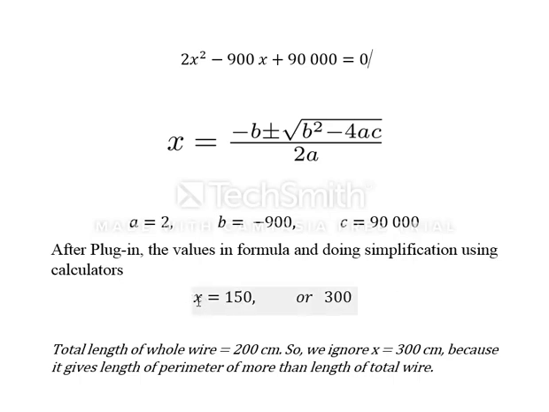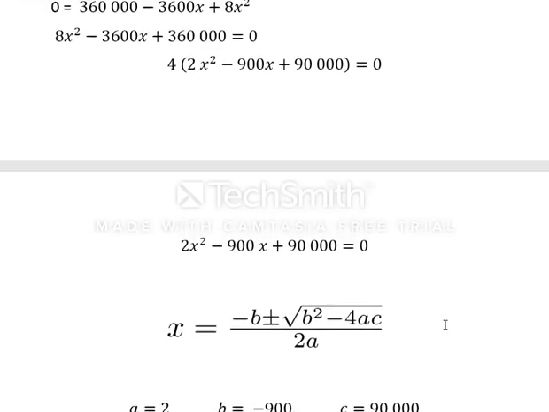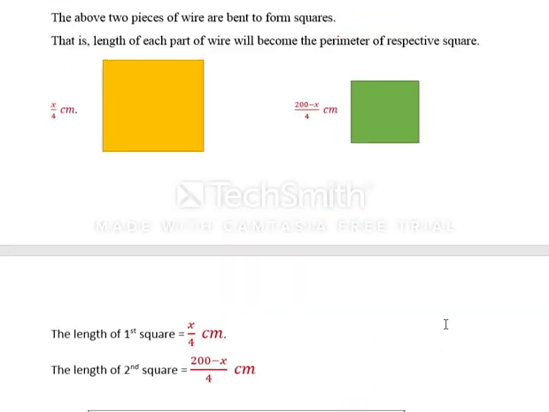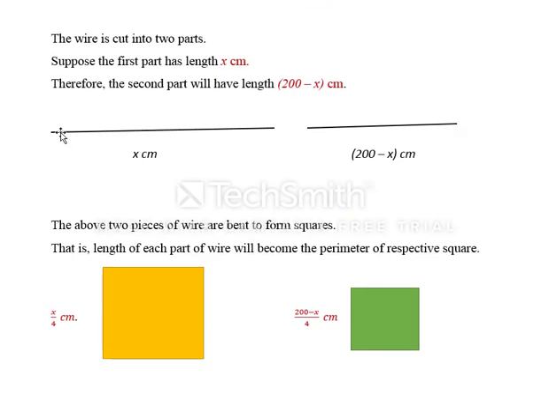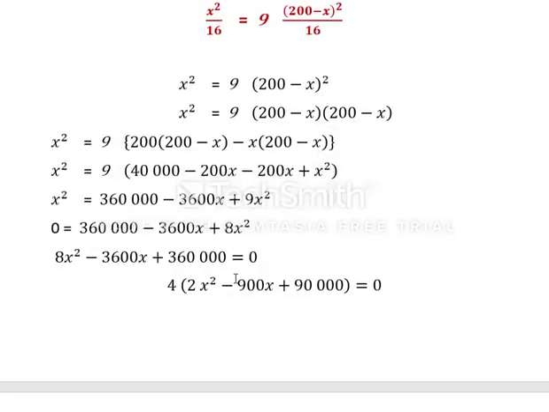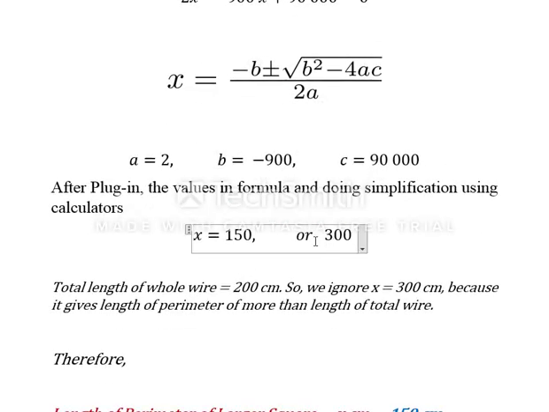So from here you should come back to the beginning of the question, and think about what x was in the beginning of the question. In the beginning of the question, x was the length of this wire. So here we got the answer 300, which means the length of the wire is 300.